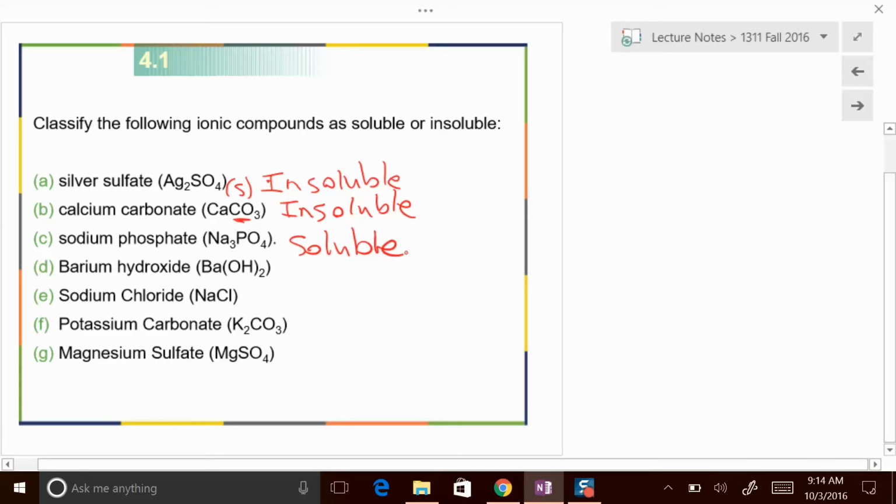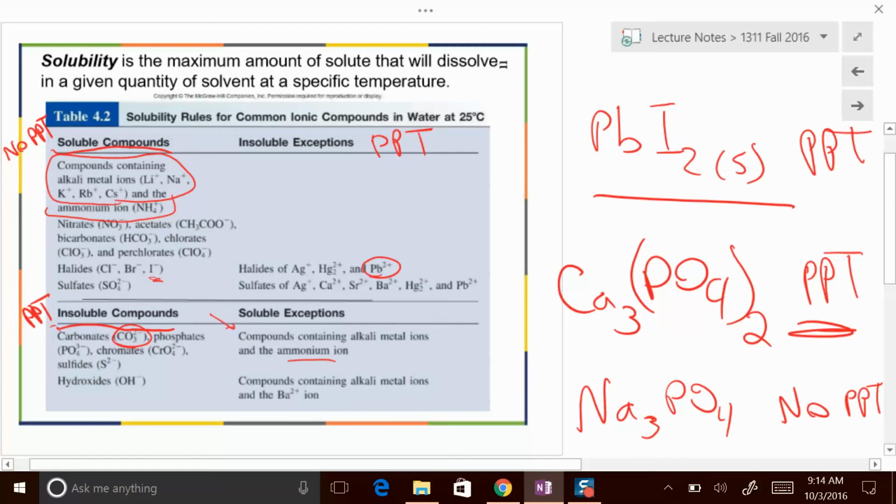A bunch of side reactions, because hydroxides are insoluble. Now, we have to be careful about this one. We have to go back. Hydroxides are insoluble. Is barium an exception to its insolubility? Yes, it is.